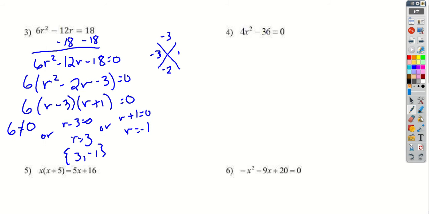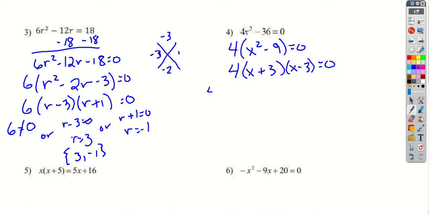Okay, number 4, same thing here. GCF first, there's a 4, and that leaves us with x squared minus 9 equal to 0. Okay, it was already in standard form and equal to 0. Then I check, I can factor the inside again. It's 2 terms, that's a difference of perfect squares. So it's x plus 3 and x minus 3.